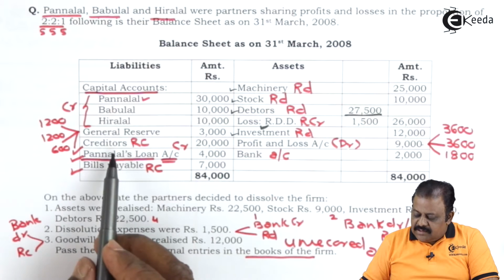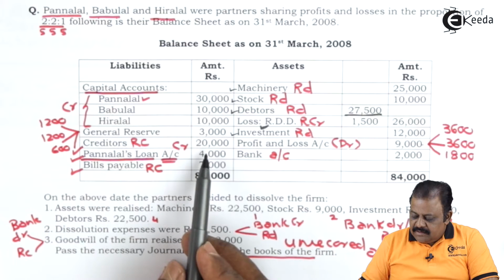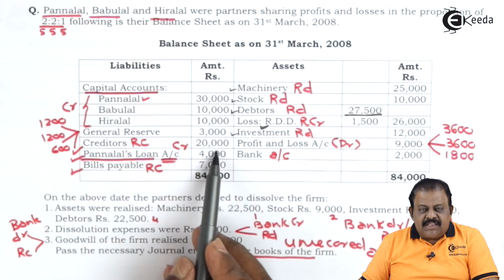Let us start with the first, creditors. 20,000 will be paid.